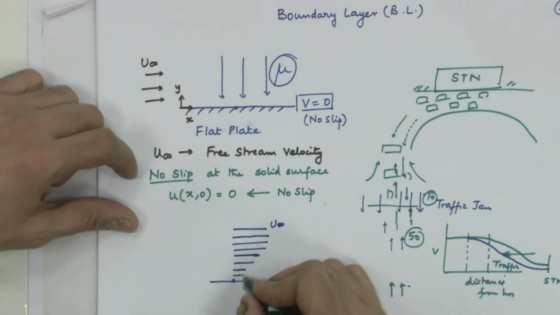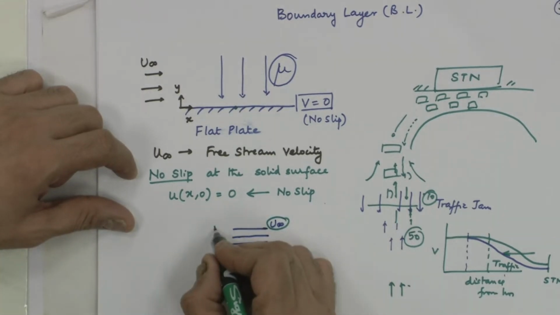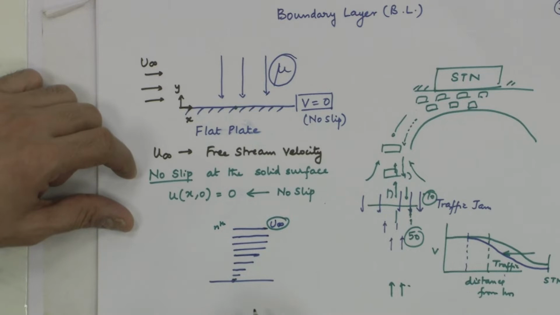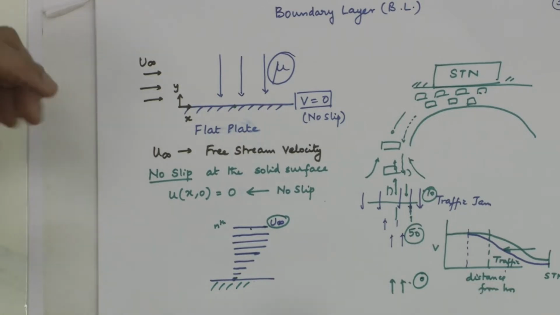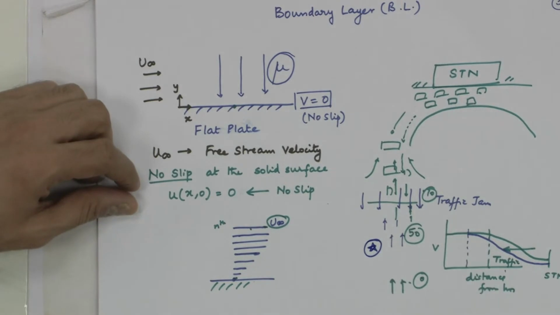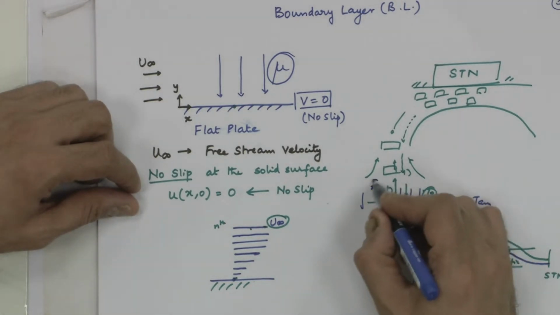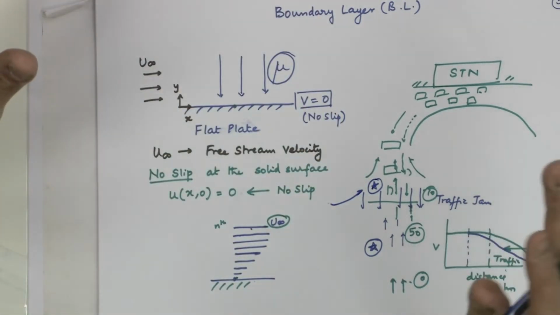Why? Because this layer of fluid, let us say this is the nth layer of fluid, does not know that there is a solid wall here. So, if you are here, you do not know that there is a traffic jam. The moment you are coming here, you know there is some traffic jam. The moment you are here or somebody coming from this part, they know they are entering a big time traffic jam.